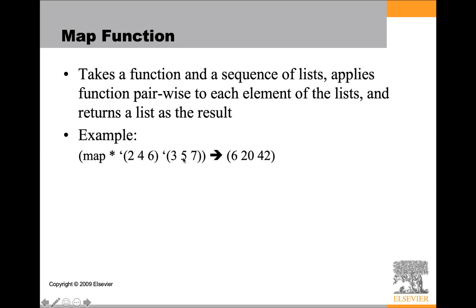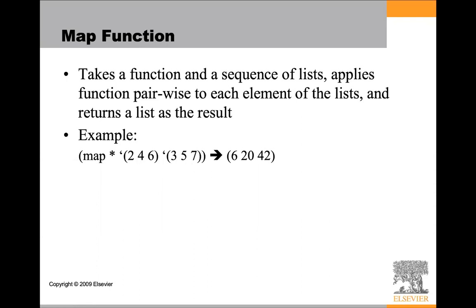It's going to apply it to these two lists. So it'll apply it to 2 and 3, getting 6. It will apply it to 4 and 5 to get 20. And it will apply it to 6 and 7 to get 42. So it's taking this function and applying it pairwise to each element on these lists. And of course, these lists should be the same size.